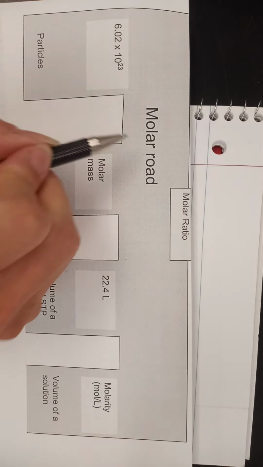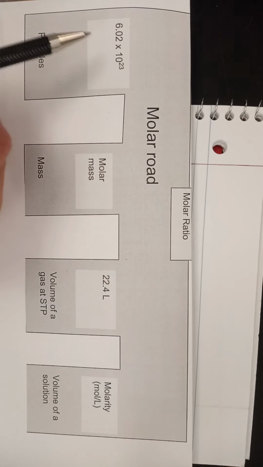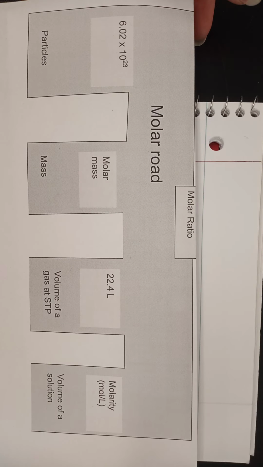So every step you do has got to take you to or from moles. Now, in the past, it's always been 1 mole, and that's true for those 3 roads right here. This one's going to work a little bit differently because of how molarity is set up, but it's not unreasonable and we can cope with it. So again, everything we do goes to or from moles, absolutely every time.